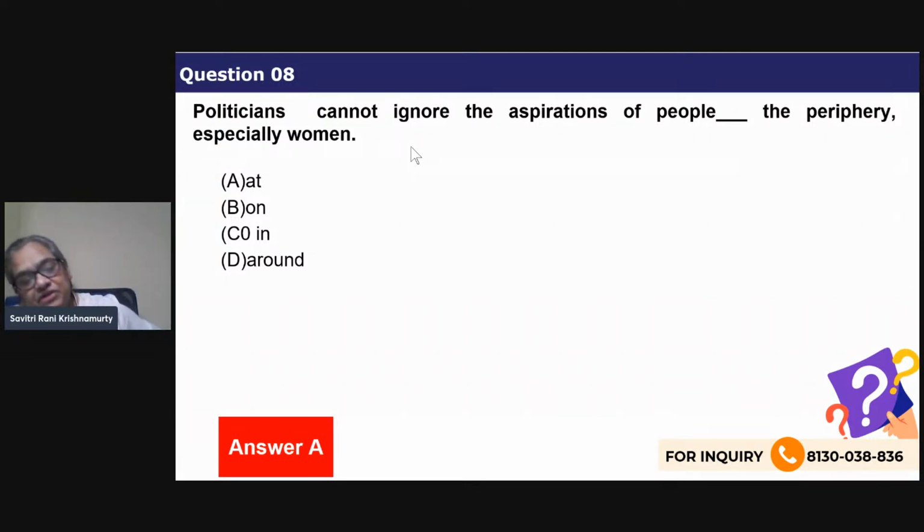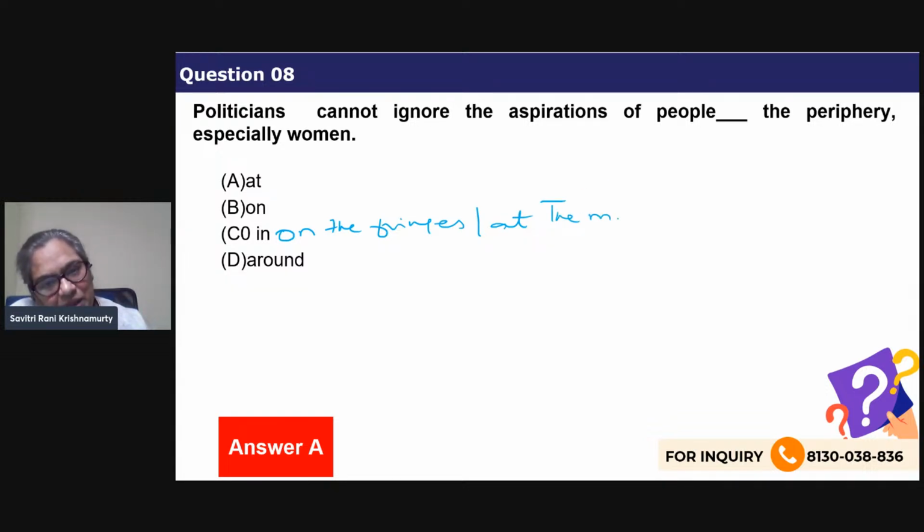People on the fringes, we say on the fringes, at the border, margins, or periphery. Because they are at a point on the outer edge, but we don't say around.